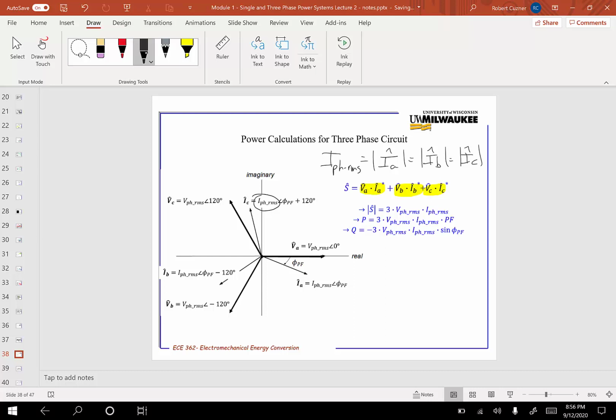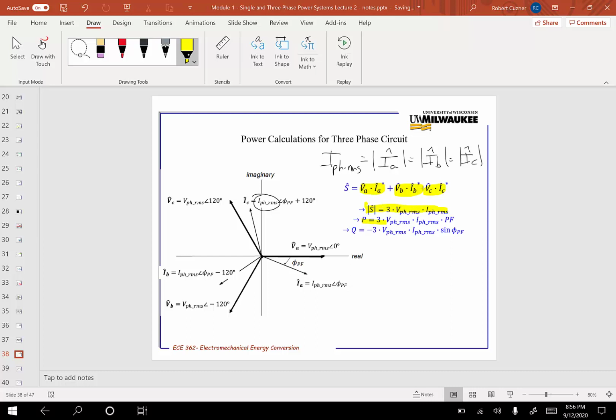They all have that same amplitude. Then the total power to the 3-phase circuit, because what I've done is I've connected all of their neutrals together, is 3 times V phase RMS times I phase RMS, scalar quantity here.